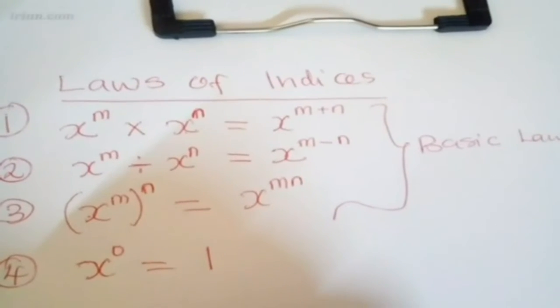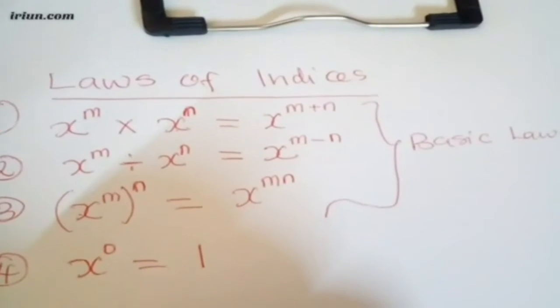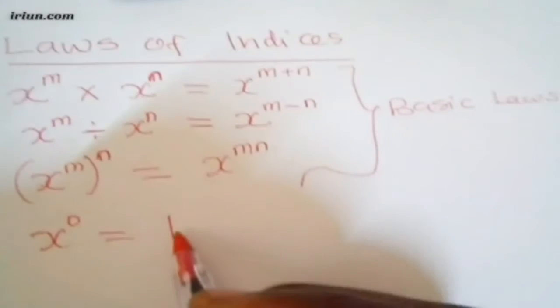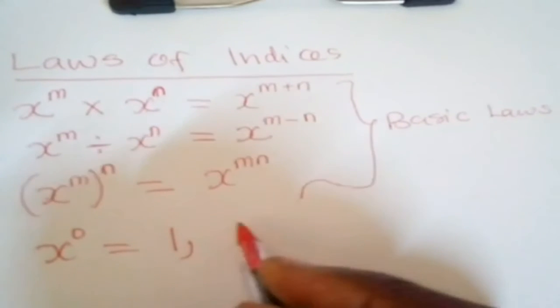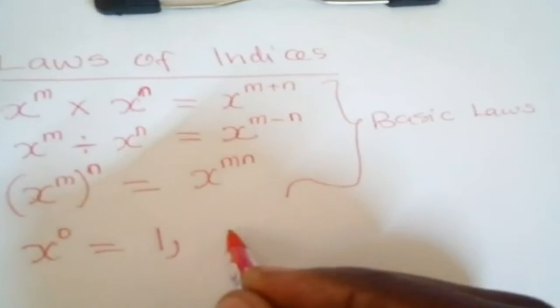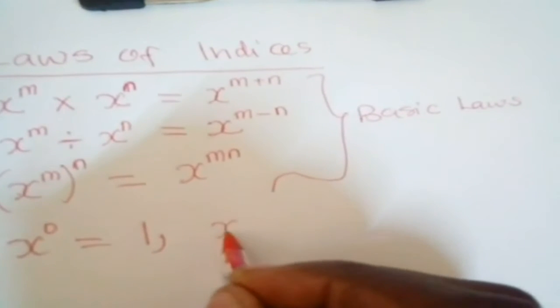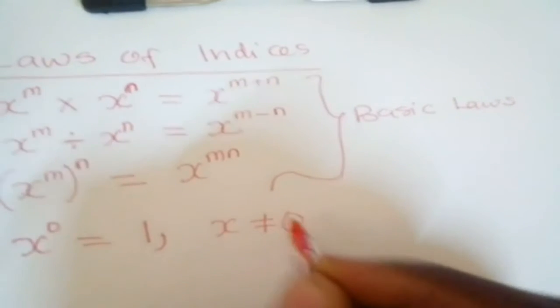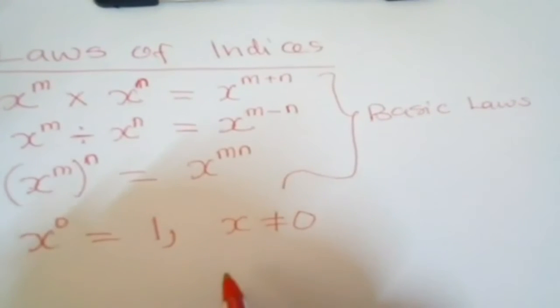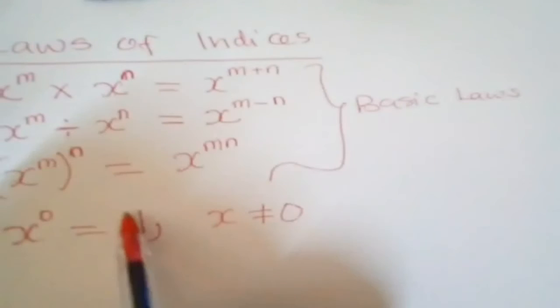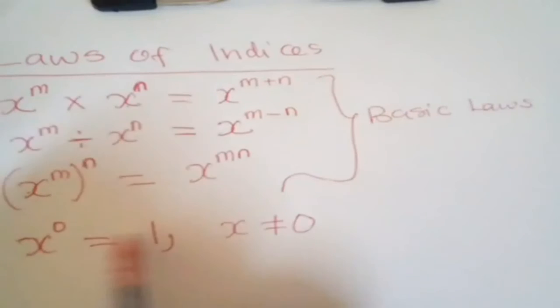A billion raised to the power 0 is 1. There is one exception: for this to be true, x should not be equal to 0.